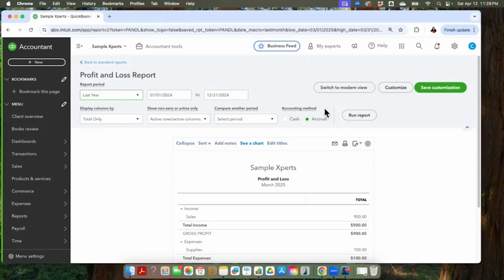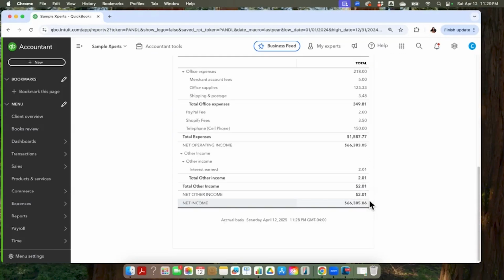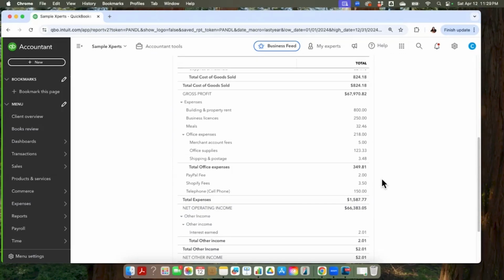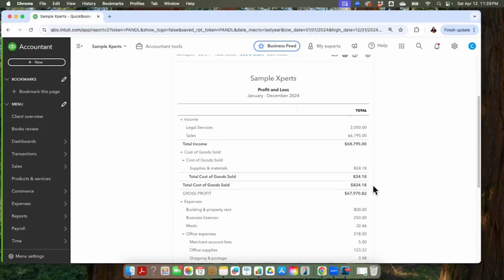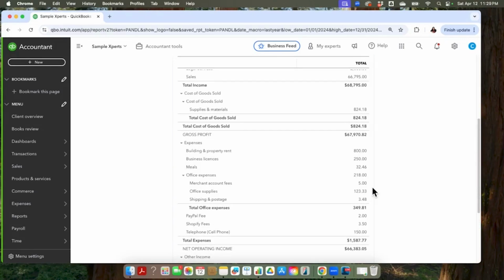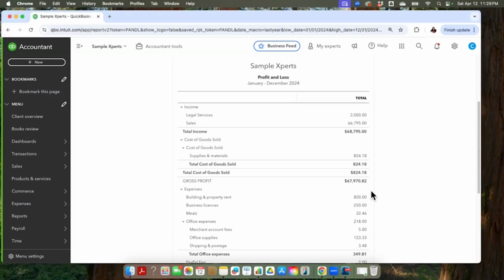Okay, last year, run report. If you're cash basis, you can click cash here. You want to take a look at whether there is any negative amount on either the income or expense, and also make sure that everything is categorized and that the income doesn't seem too high, because that would most likely mean you're duplicating that income.